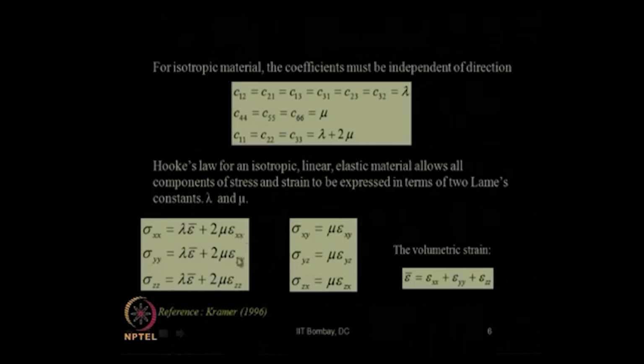Sigma yy will take this form, sigma zz will take this form. These are the normal stresses, and the shear stresses sigma xy, sigma yz and sigma zx will take this form. Here epsilon bar is called the volumetric strain, which is the summation of the 3 normal strains, that is epsilon xx plus epsilon yy plus epsilon zz.